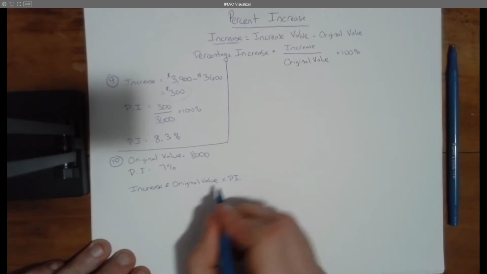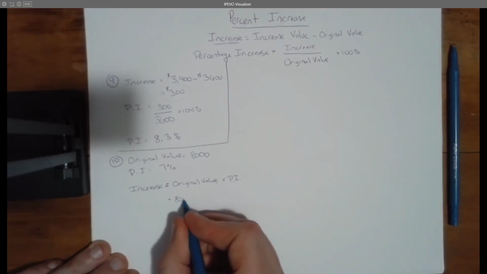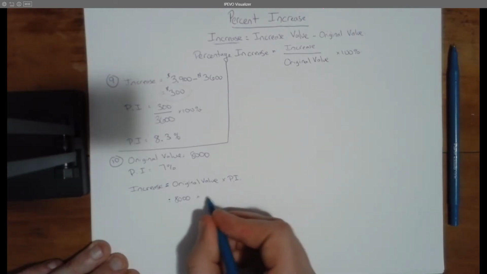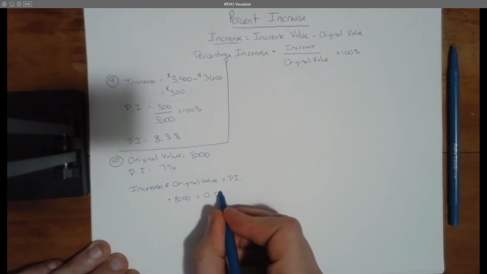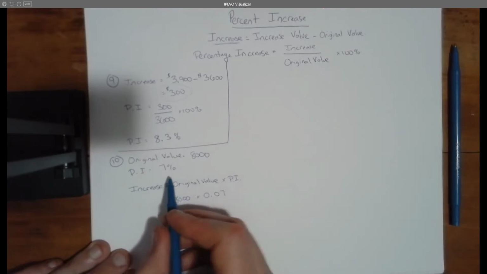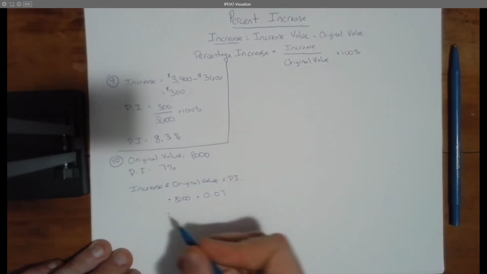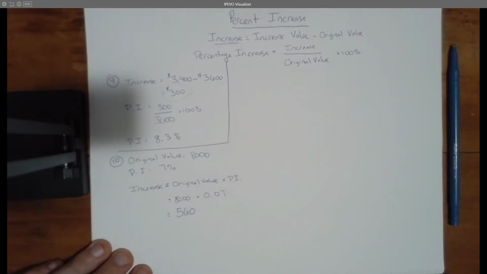I'll have to turn that percent increase into a decimal, but that means that we're taking 8,000, we multiply it by 7%, which as a decimal is 0.07. Remember that to figure that out, we take the number and divide it by 100, or we move the decimal 2 spots over. So that would give us an increase of 560 copies.